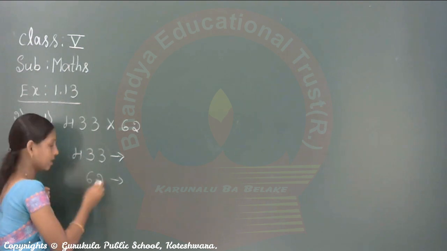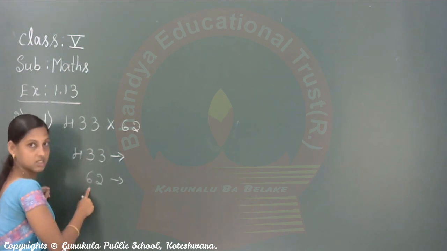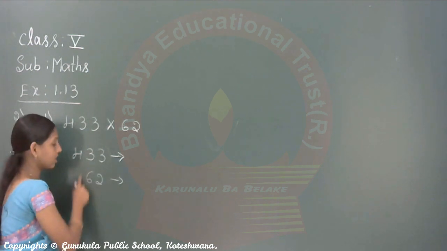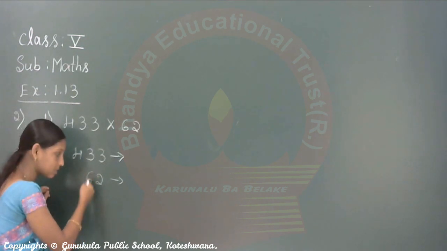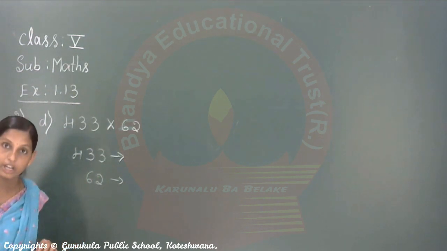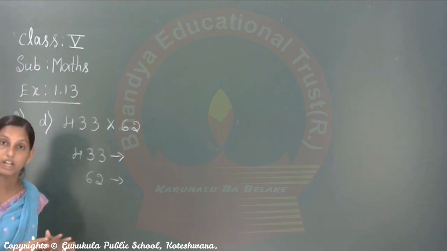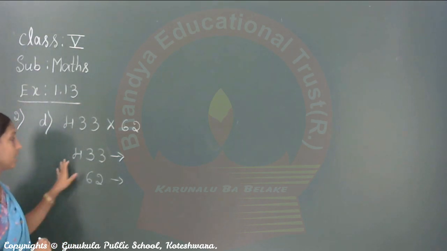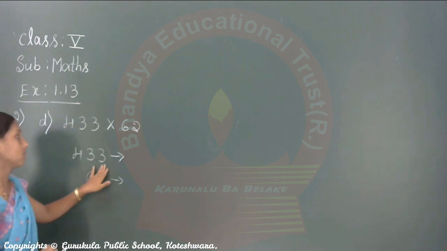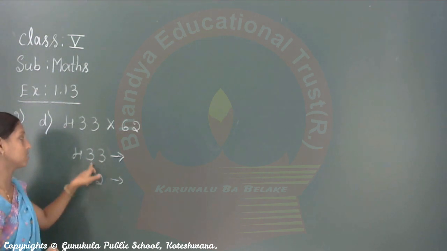Here 62: ones, tens. The tens place is there, so round off to the nearest ten. To its maximum place value, we need to round off. Okay? So it is very easy. 433: ones, tens, hundreds.